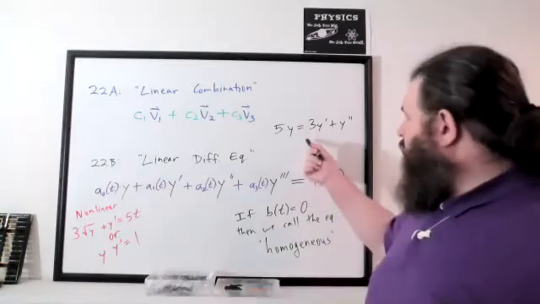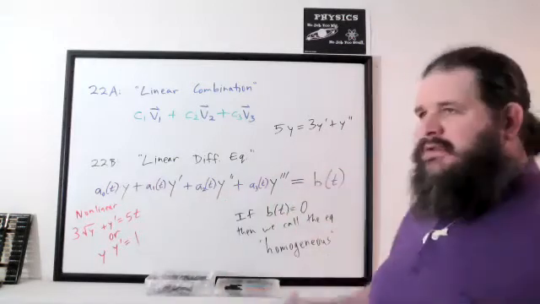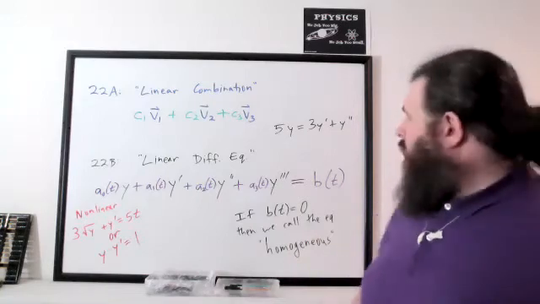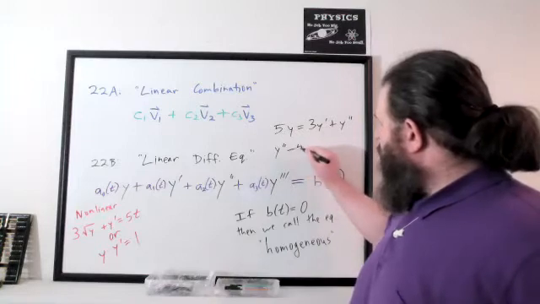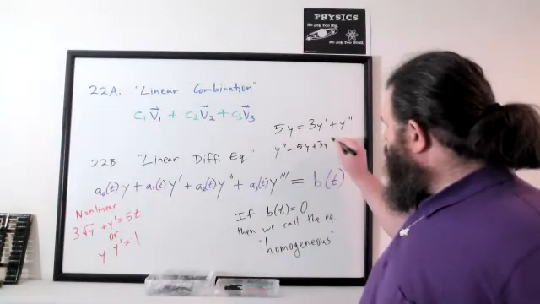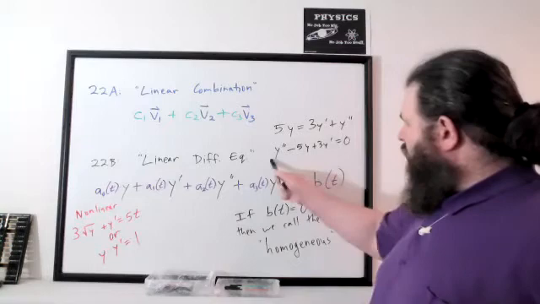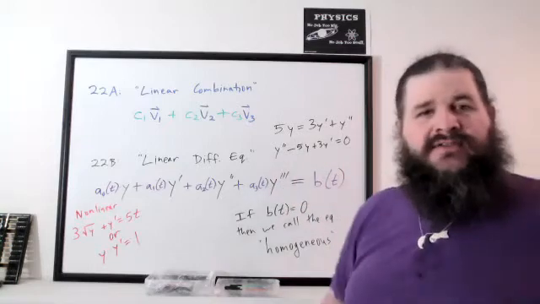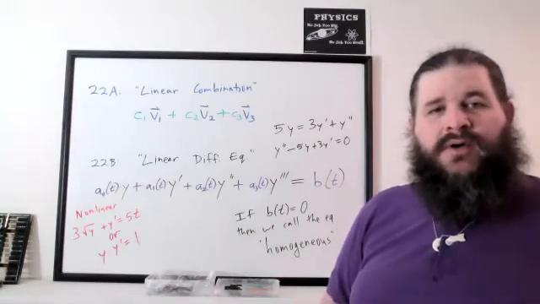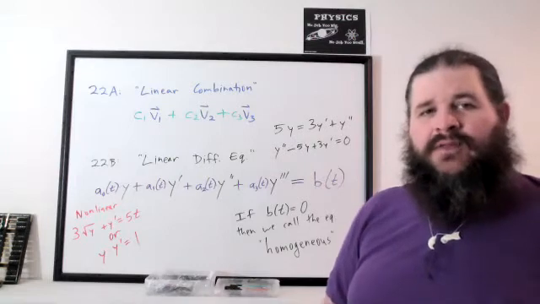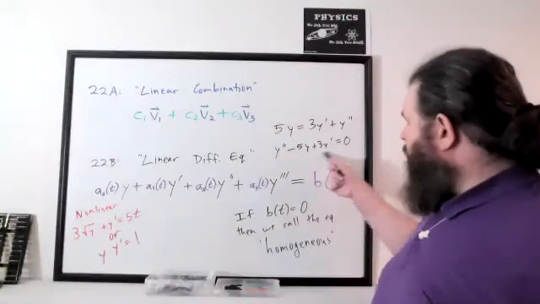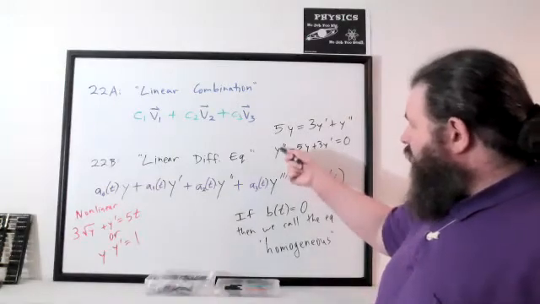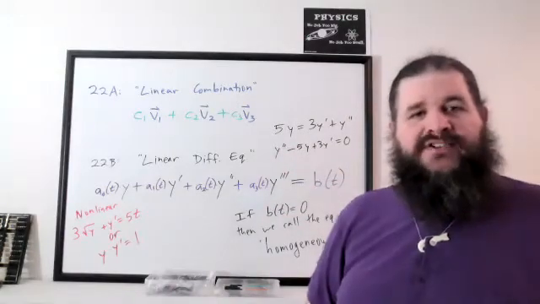And you can easily write this in the useful format by just, let's say, subtracting 5y from both sides. This, I think, makes it a lot more clear that this is homogeneous. If you move all of the terms with y to one side, and any terms without y, if there are any, to the other side. So this would be an example of a homogeneous second order linear differential equation.